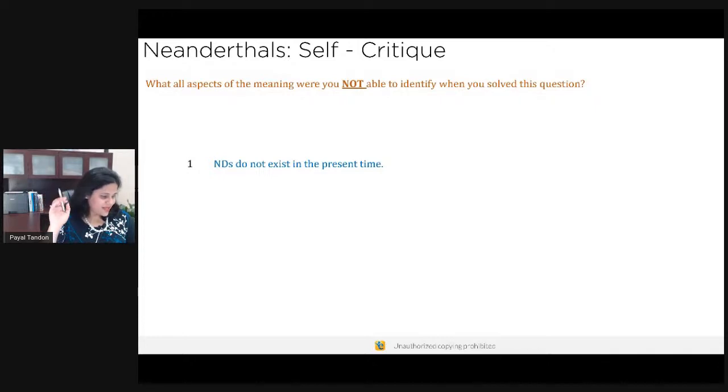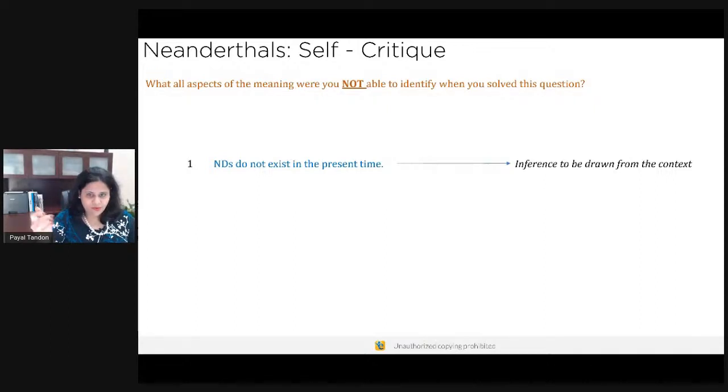Again, I'm guessing the yeses mean that you were not able to identify this meaning, right? Okay, Kriti was able to, Priyanshu was able to, Vishwesh was able to. Okay, Oishik was also able to. Good.